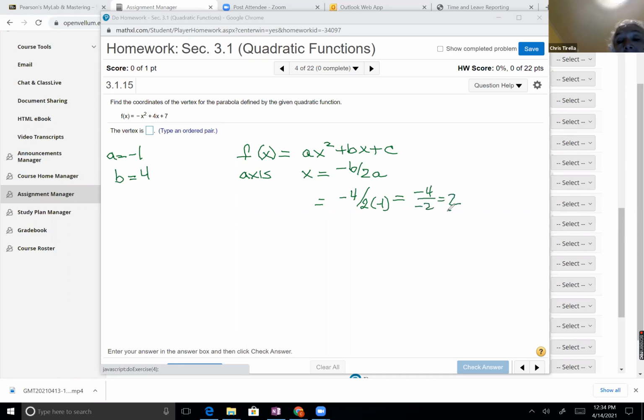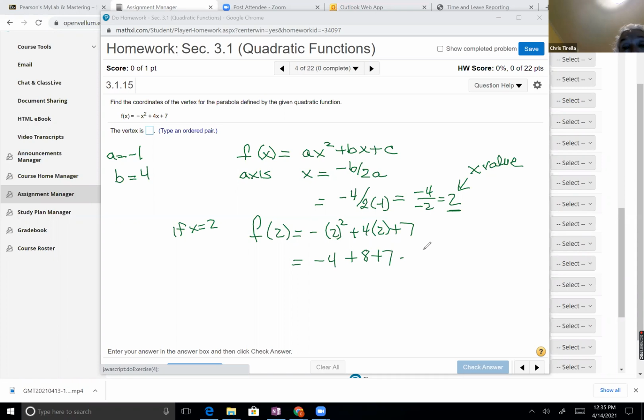That's the x value of the vertex, because it has to be on the axis of symmetry. To find the y value, if x equals 2, the y value is f of 2. So that would be negative of 2 squared, plus 4 times 2, plus 7. That would be minus 4 plus 8 plus 7, which would be 11. So my vertex would be the point 2, 11.